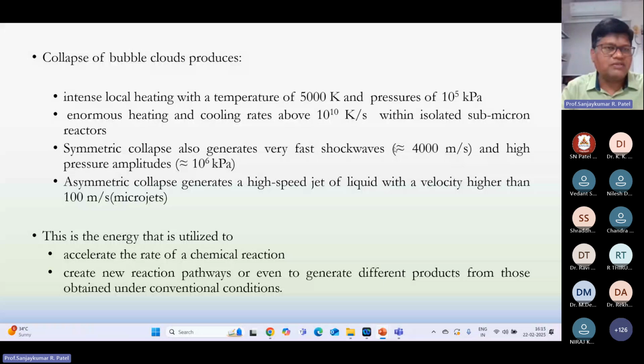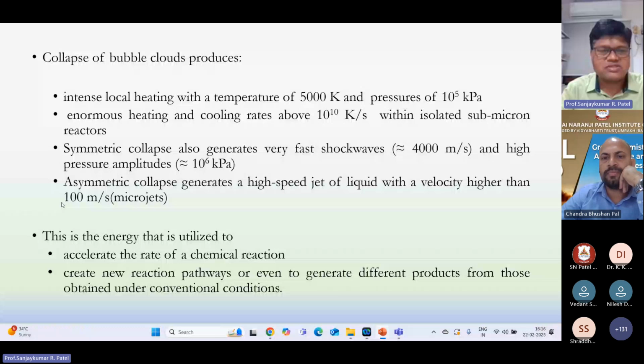So there are various ways by which the collapse of bubbles helps different chemical processes, like accelerating the rate of chemical reactions, creating new reaction pathways, or even generating different products from those obtained under conventional processes.